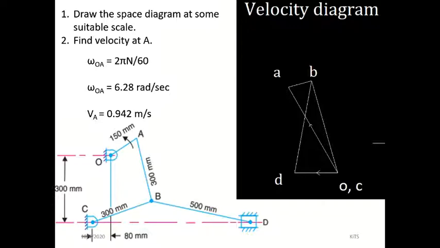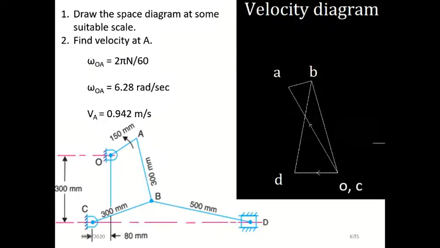A single dot. If it is a crank, connecting rod or lever, you have to draw a perpendicular line, like this.